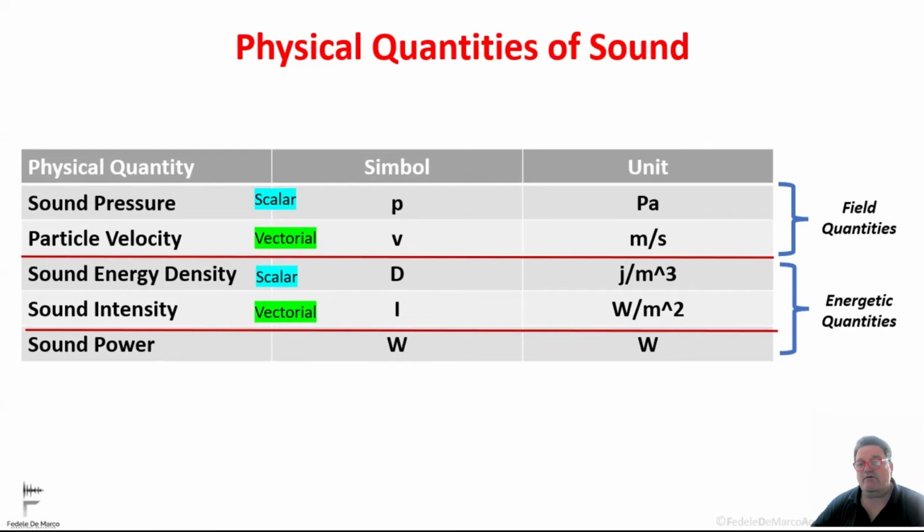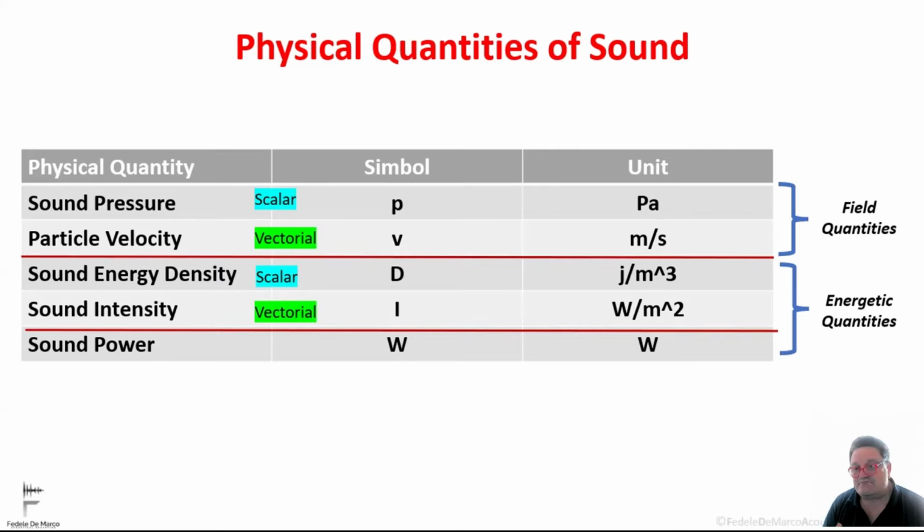To define the sound field, we also need energetic quantities for an energetic analysis of the sound field. We define these quantities with some average value in time, okay? Field quantities instead are called instantaneous quantities, sampling them many thousand times per second, for example the sample rate.